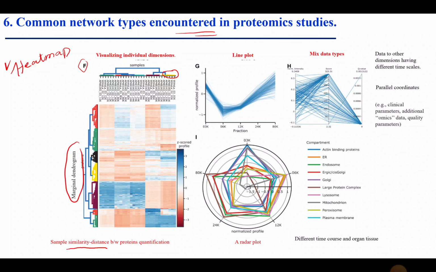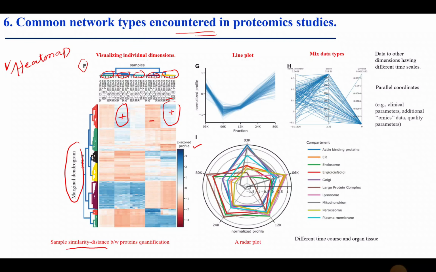In this, each color is representing one treatment or one sample, and each sample has been shown with its different color. Color is representing the normalized z-score profile. So if the color is blue, it means the expression is positive. You can see this sample and this sample are showing blue color, which means they are positively correlated.